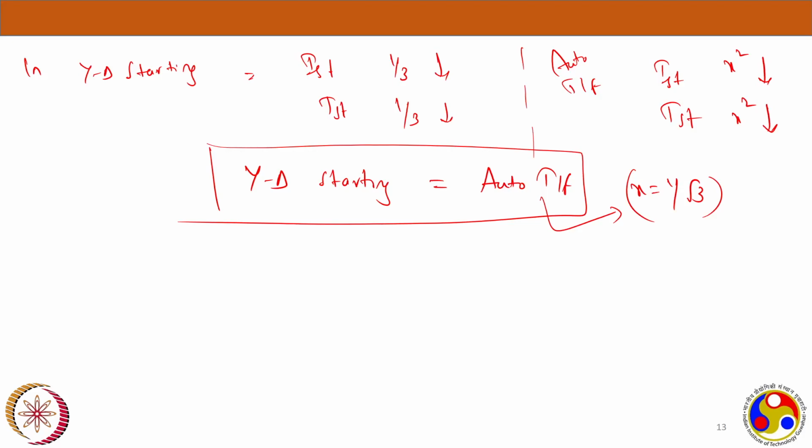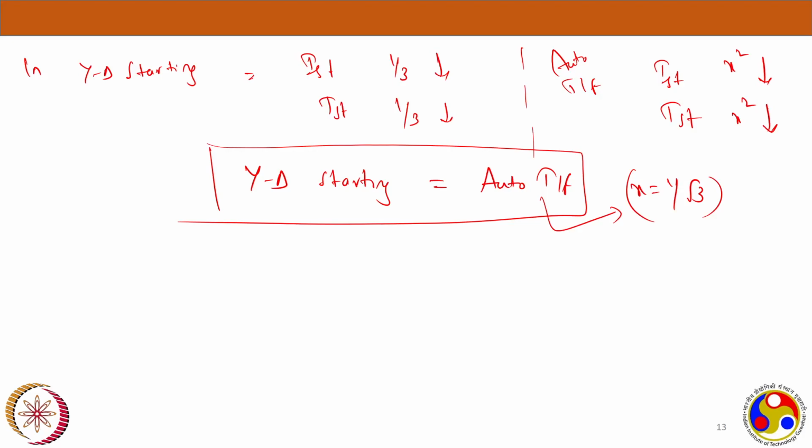So this is A2, B2, C2, and this is how the delta connection is. C2 will be connected back to A1, and you have the supply here at A1, A2, B1, B2, and C2. Now this is the running operation you are expecting.